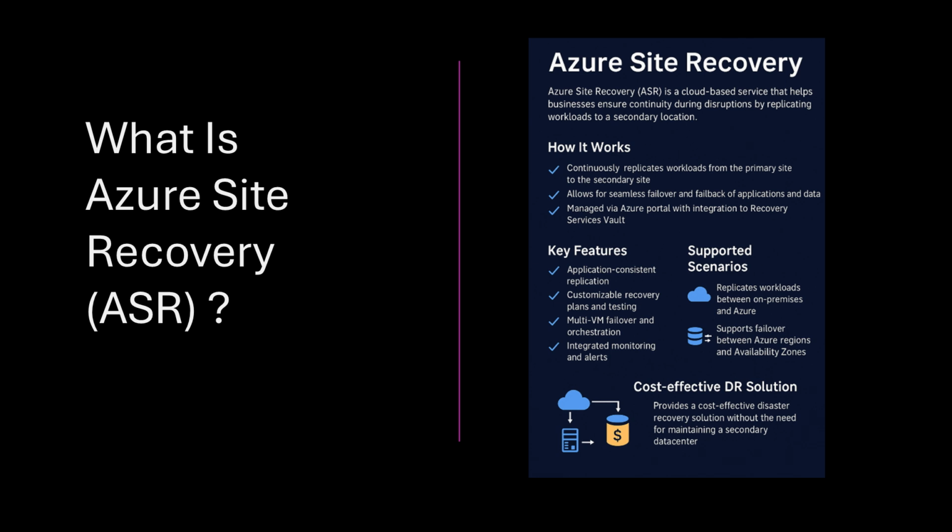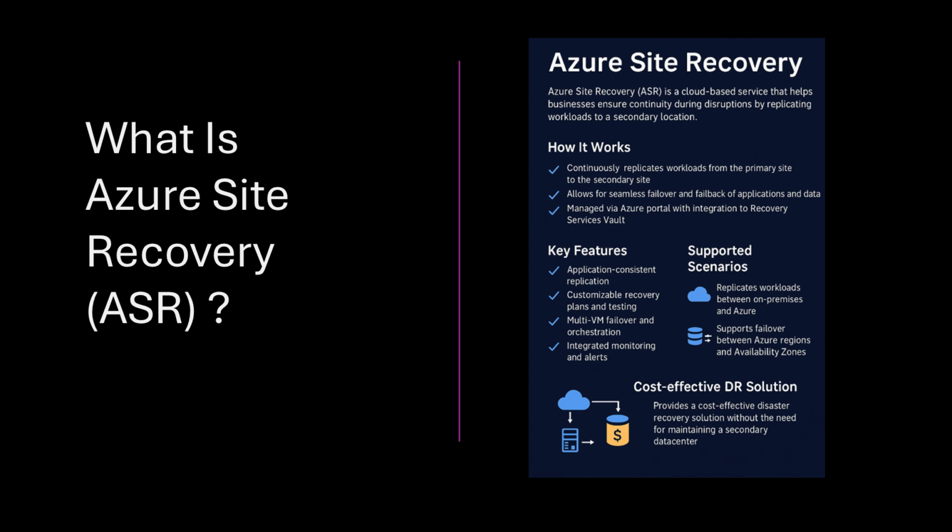It's ideal if you need automated protection and orchestrated recovery for workloads hosted on Azure VMs, Hyper-V, VMware, or even physical servers. ASR also helps you meet regulatory compliance requirements by enabling long-term recovery strategies, and it supports planned failovers for patching, testing, or upgrades without disrupting production.